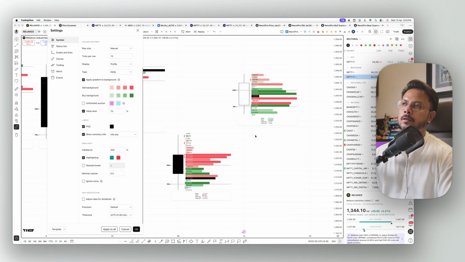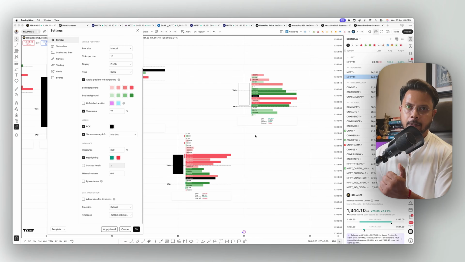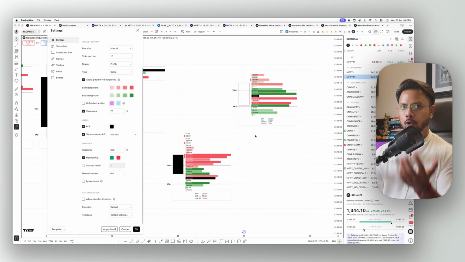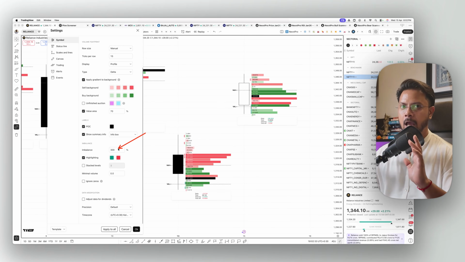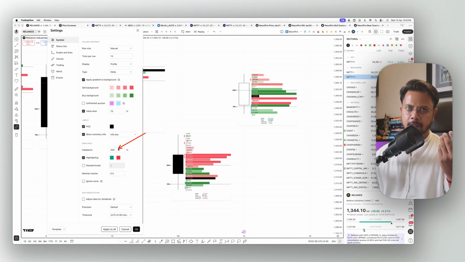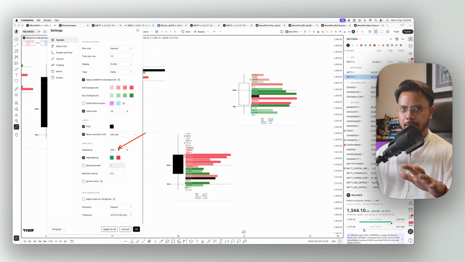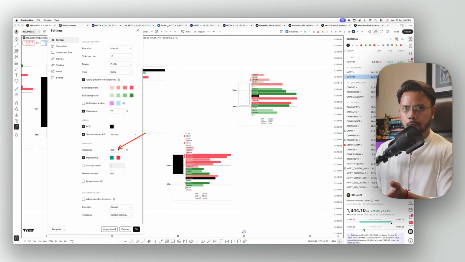Imbalance means one side is skewed in relation to the other side: too much buying or too much selling. What is the definition of this too much in percentage terms? 300% higher. Again, you can make it 200% or 100%, it's up to you. 300% is fine.